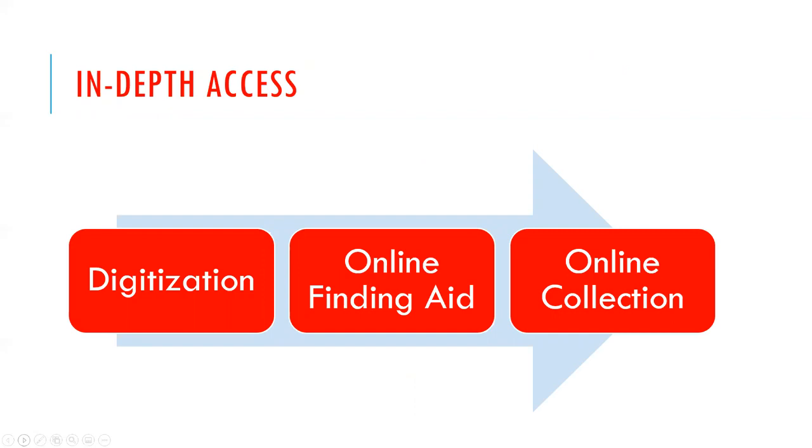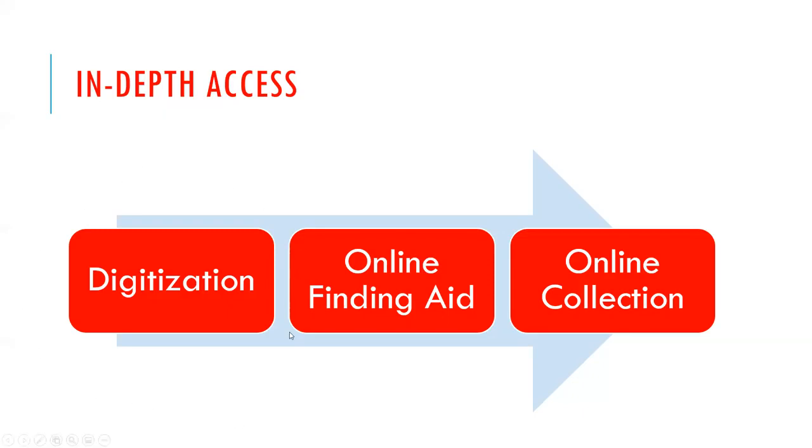So the goal with online access typically is to provide in-depth access. And that can take place either in the form of an online find aid, an online collection, or usually both. And we'll look at some examples of that later on in this lecture.